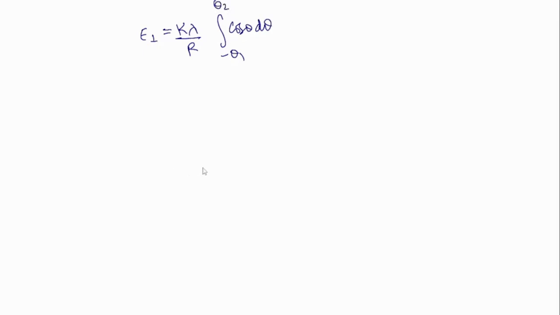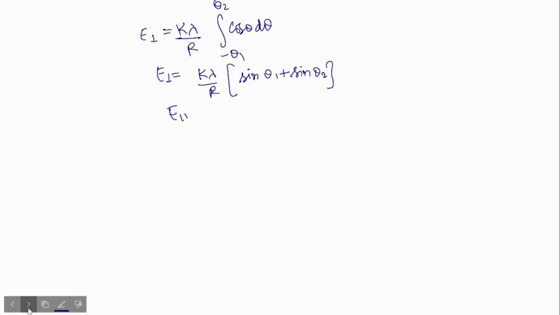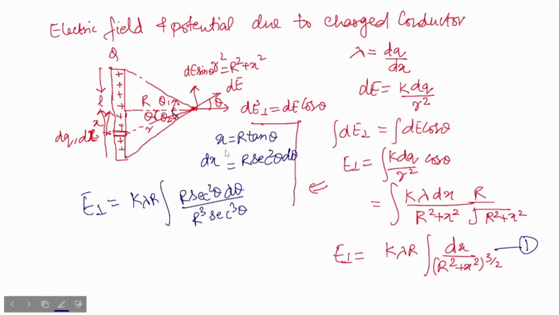We just need to integrate, and we'll get E perpendicular equals k lambda by R times (sin theta 1 plus sin theta 2), after solving. Similarly, I'm giving you the task of finding E parallel, which you can do at home. In a similar way, you need to write dE sin theta, put the value of dE and sin theta, and use the relation dx equals R sec squared theta d theta.